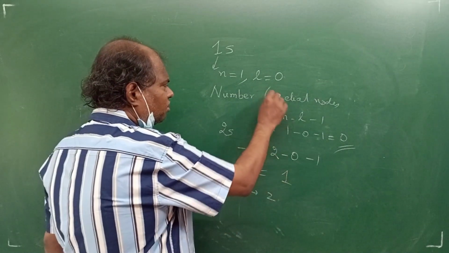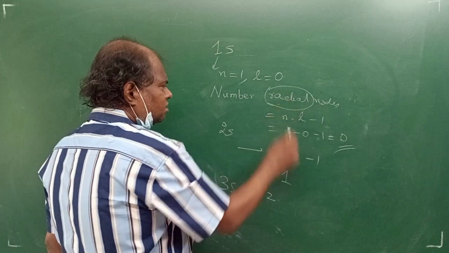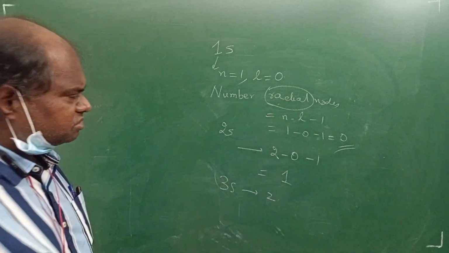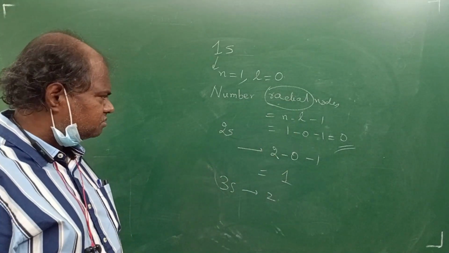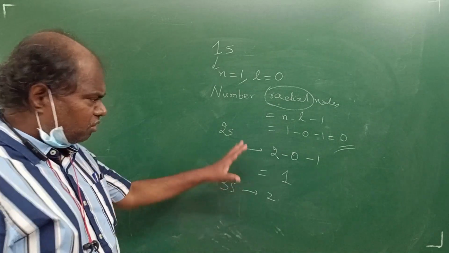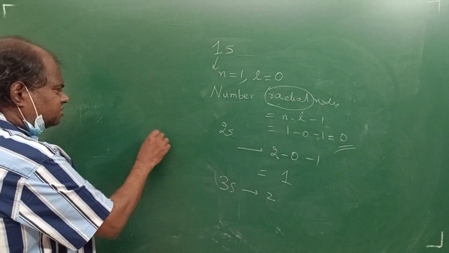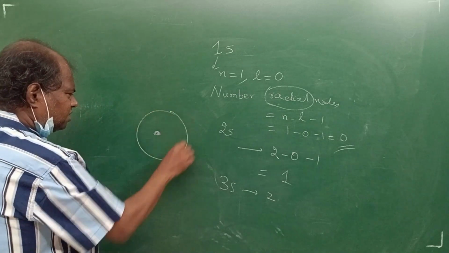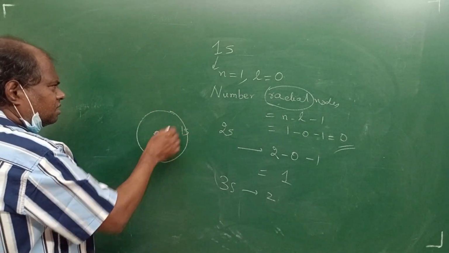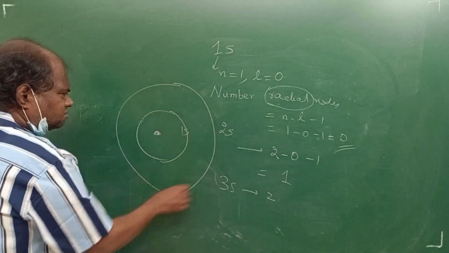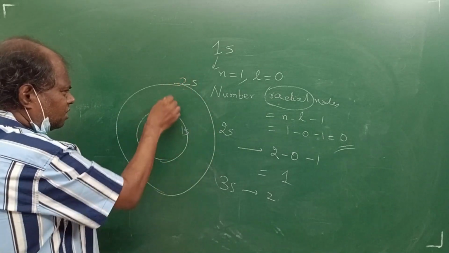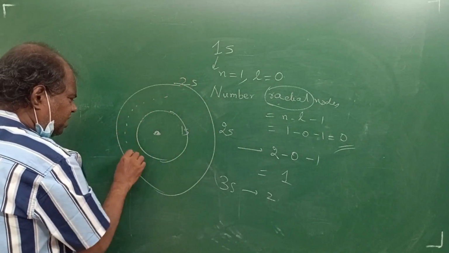But listen here, I'm talking about radial nodes in this concept. If you want to draw the picture, it will look something like this. This is the nucleus. This is the 1s orbital. Now this is the 2s orbital. Look very carefully at what I am drawing. In between, you will get a node.